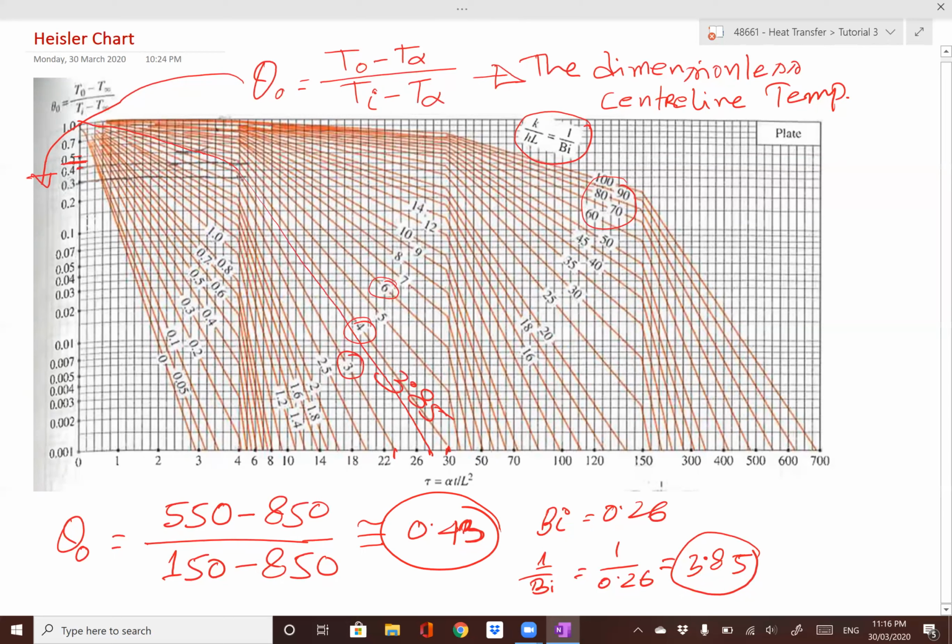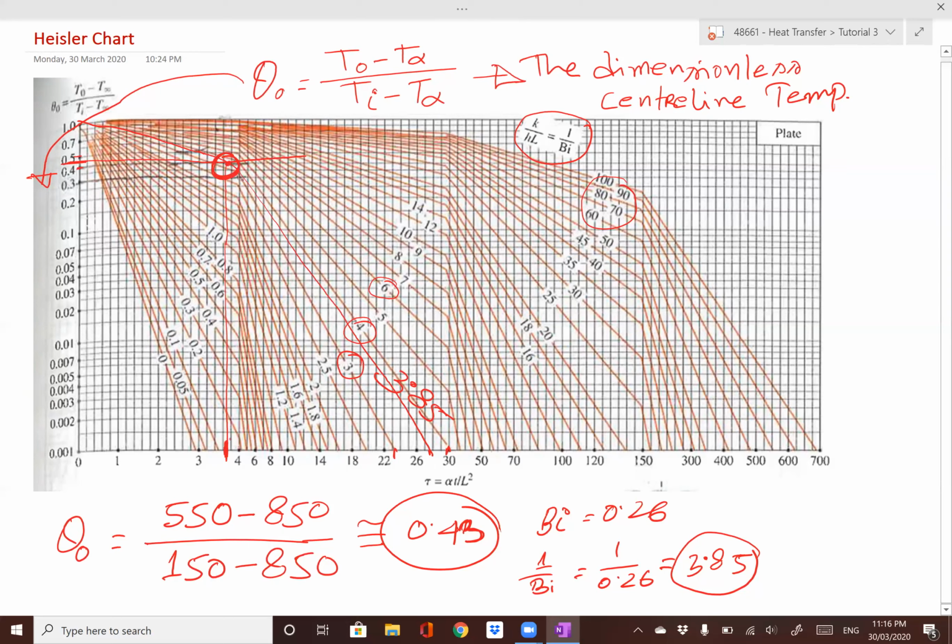So it will be around here. That means this is the common point. Then if I draw one line from here to the x-axis, it will be around here. So these are the common points.